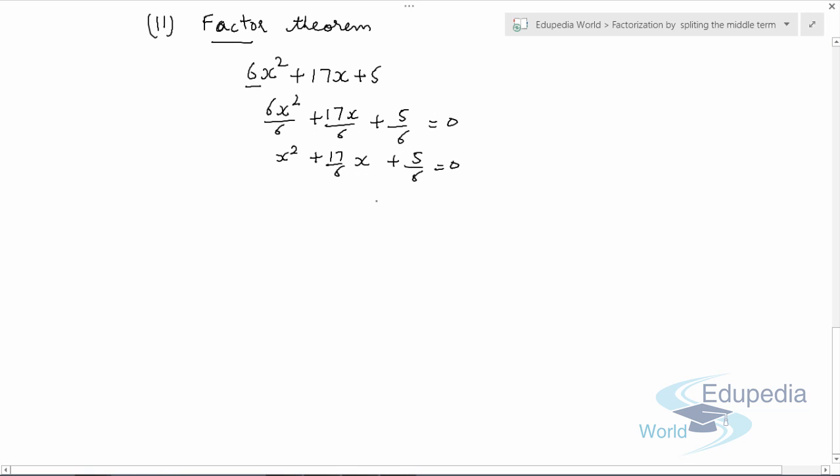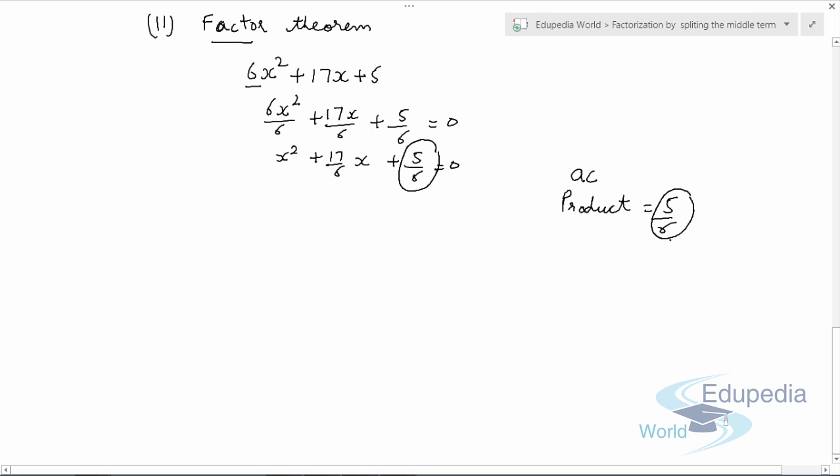Next, we have to check the product. When using the factor theorem, this is generally the product AC in a general equation, which is 5 by 6. In the factor theorem, we apply the hit and trial method to check the factors. We get a hint here that the product of the factors is 5 by 6.